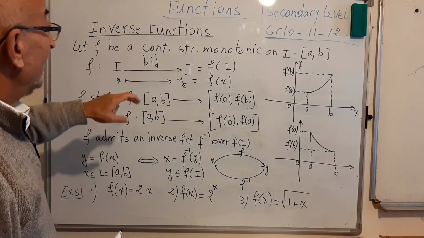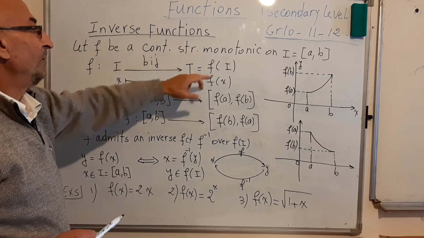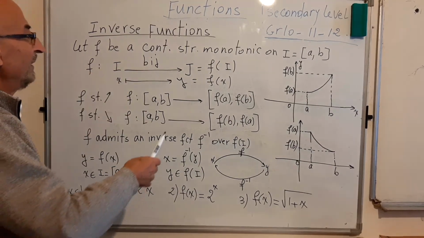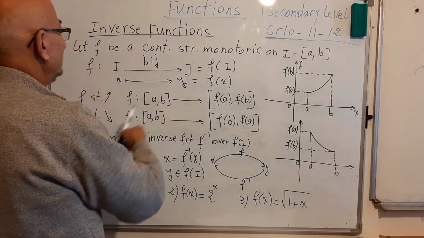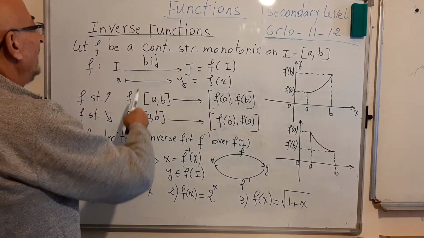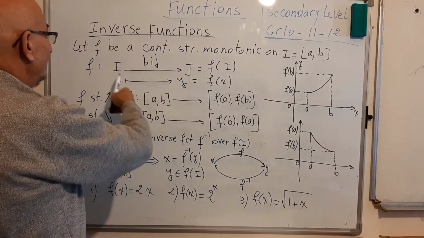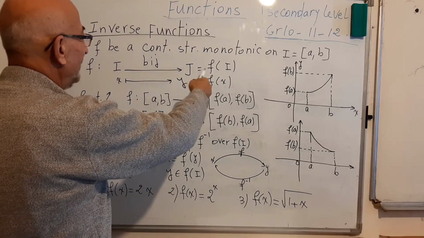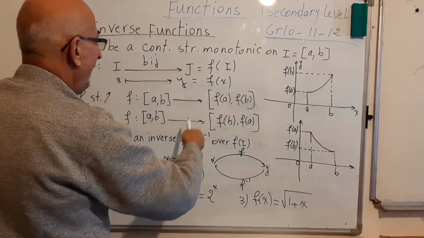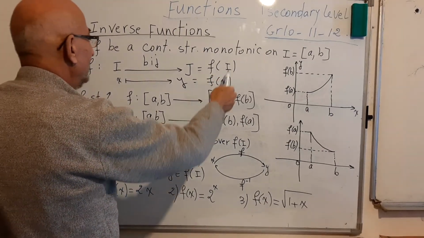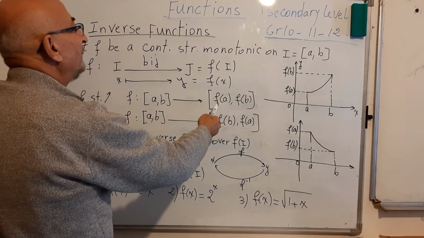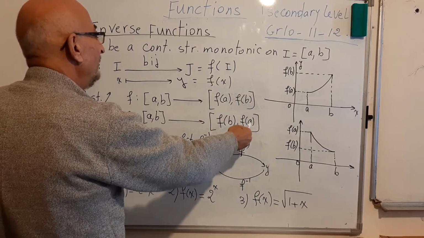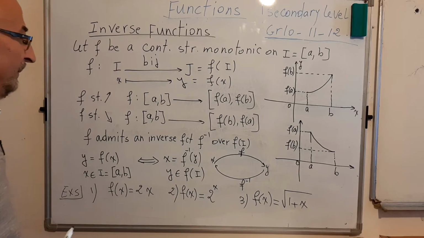If f is strictly monotone, we say that f is a bijection, or is bijective from the interval I to the interval J equals f of I. f of I means the interval f of a, f of b, or f of b, f of a.